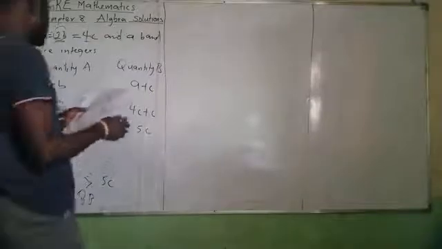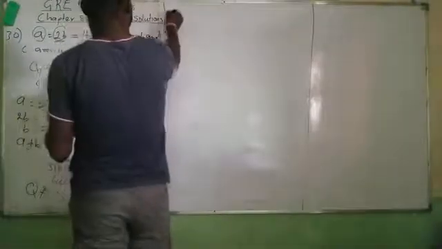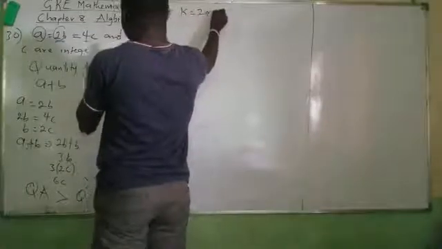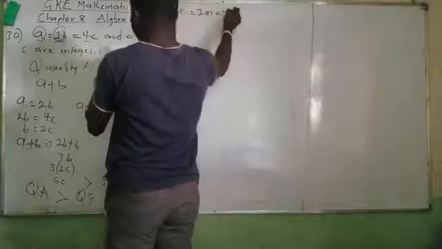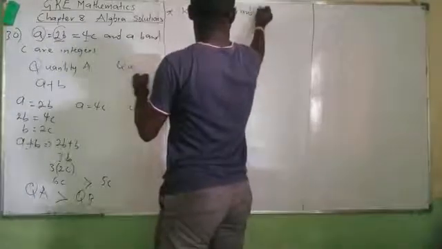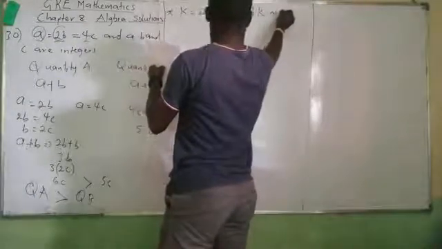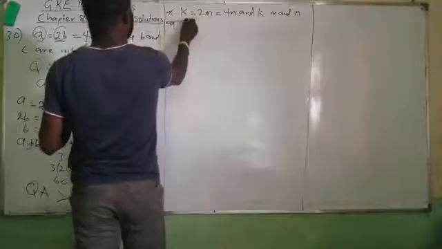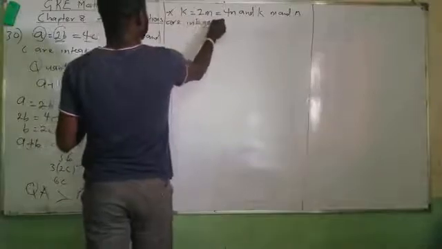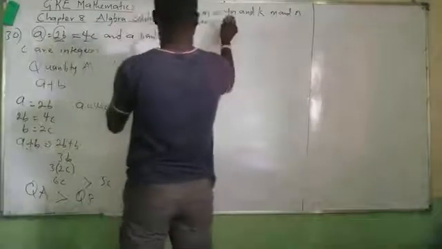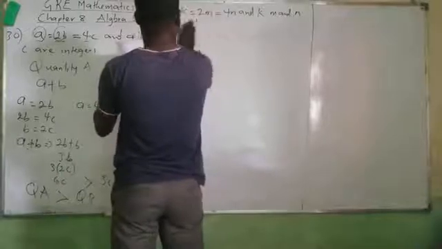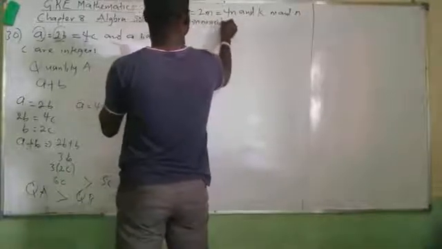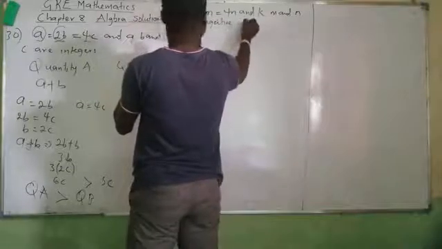The second one says that we have K equals 2M equals 4N, and K, M, and N are non-negative integers.